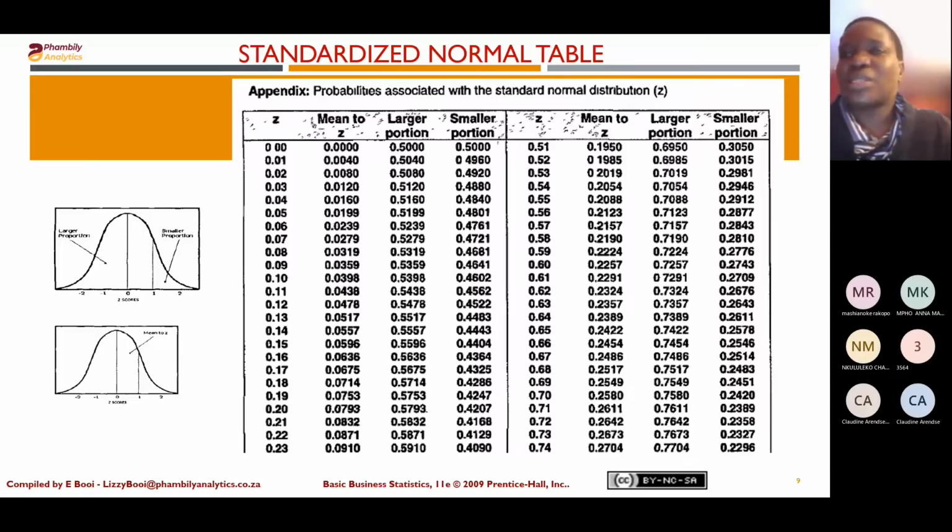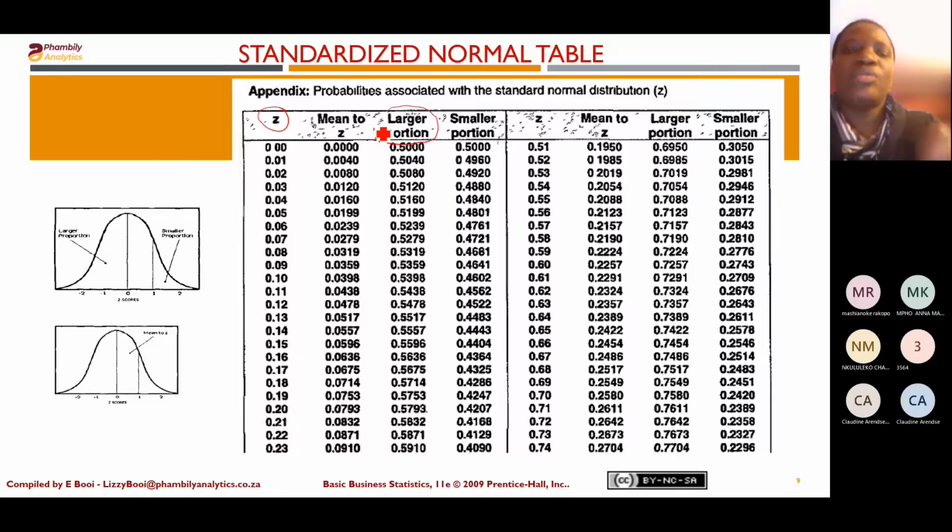Usually the past exam papers were handwritten or hard copies, so you should be able to find it online as well. So how do we read this? This will be our Z value. We're going to introduce the mean to Z later on when we look at the between.